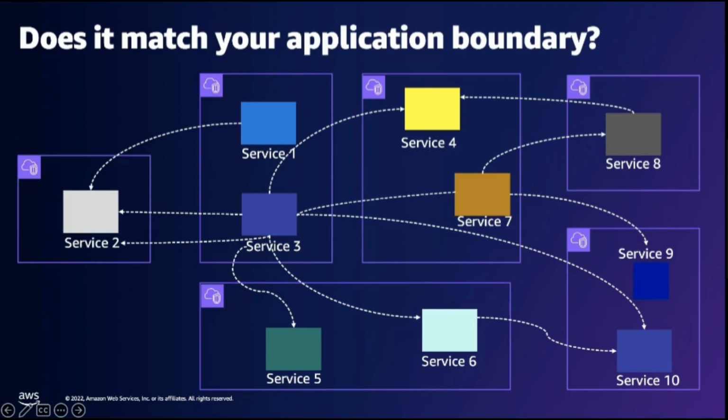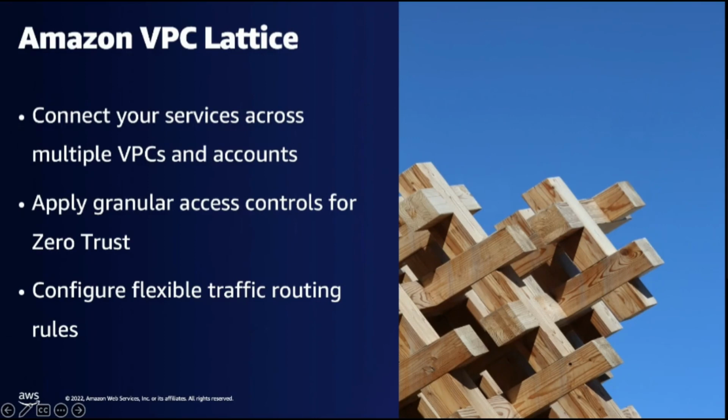Now, as mentioned, at AWS we talk to our customers a lot, and we're always looking for opportunities to innovate on behalf of our customers. We're always thinking about how we can make life easier for them. And that is how Amazon VPC Lattice was born. VPC Lattice is a service that makes it easy to connect services across VPCs and accounts.